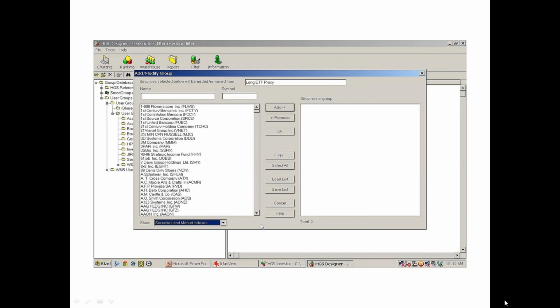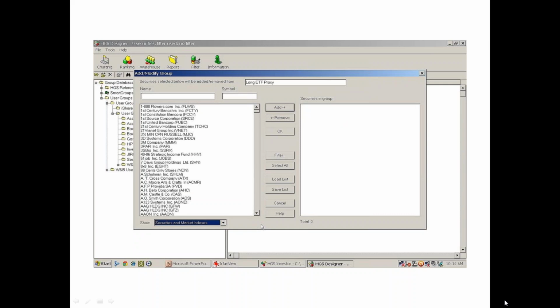When you launch HGSI, as you know, you've got the different tabs: designer, charting, warehouse, etc. You click on the designer tab, and then click file, and you click on the add group choice. After you've clicked on add group, you give it a name. Long ETF proxy, it's your choice, whatever you want to name it.